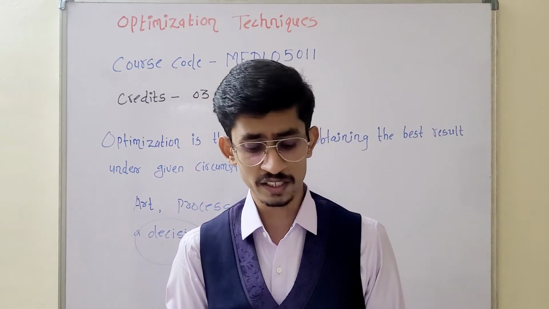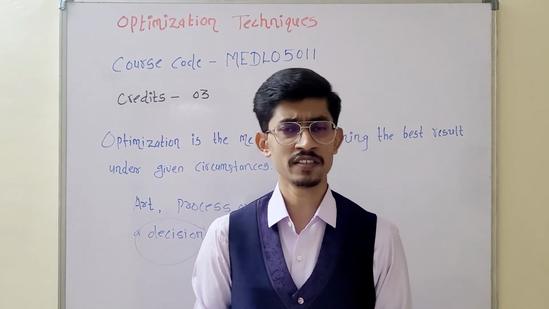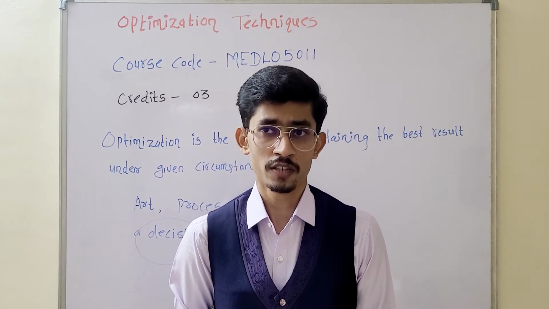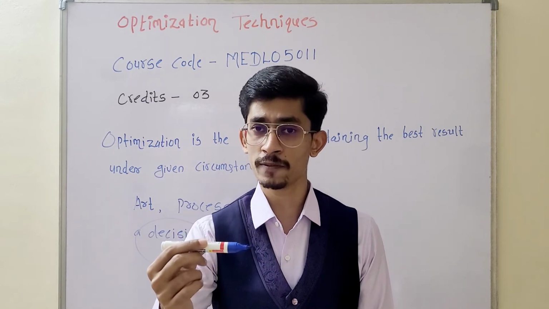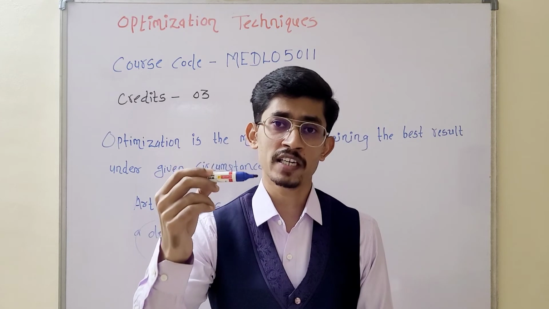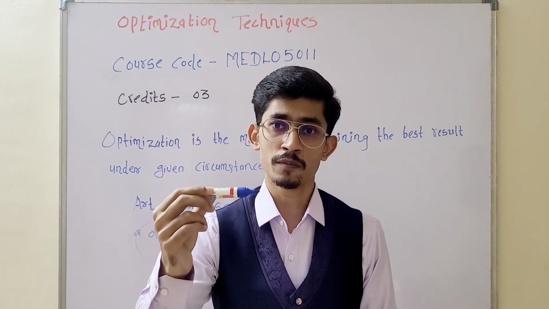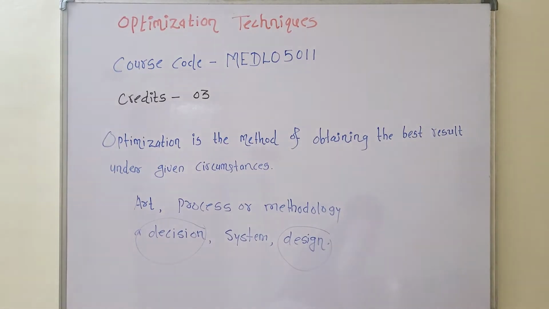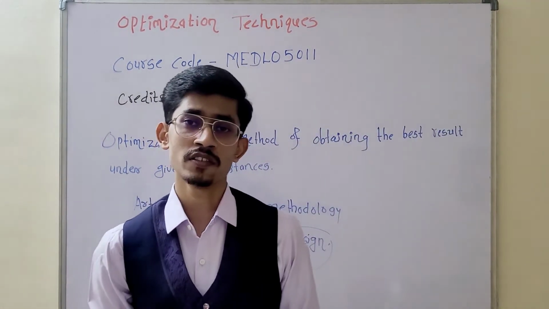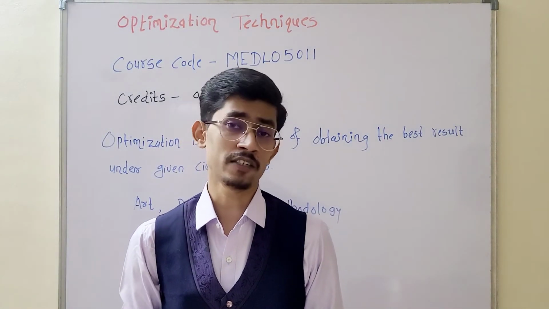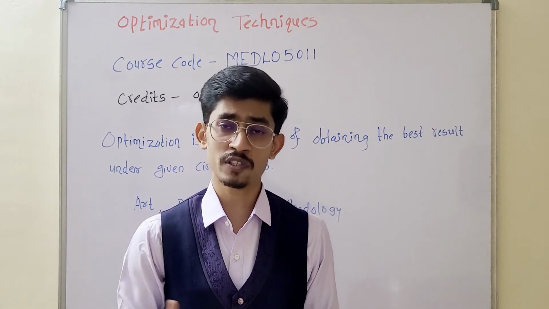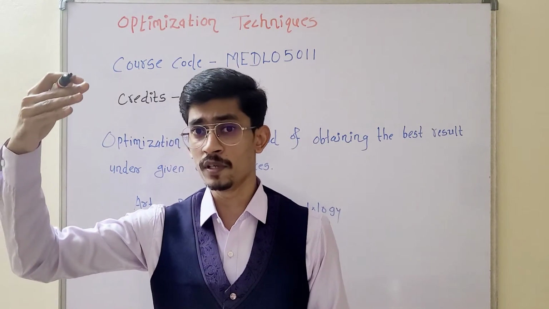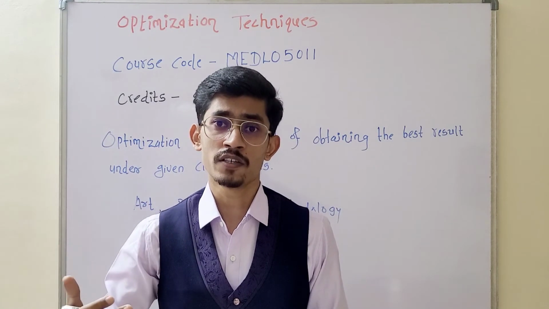Mechanical engineers design mechanical components, so what is optimization for them? When I design a mechanical component, I want to manufacture it with minimum cost but maximum life. So this process involves two functions, maximization or minimization, as mathematicians think, but design engineers also think like that: how to maximize the profit and benefit, and simultaneously minimize the cost and the effort required.